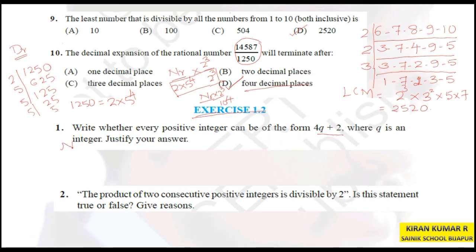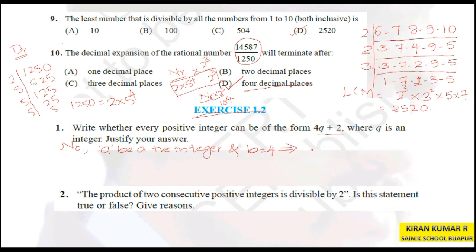Your answer is no. The reason is, we have solved a question where we have taken a as a positive integer and we have taken the value of b as 4.